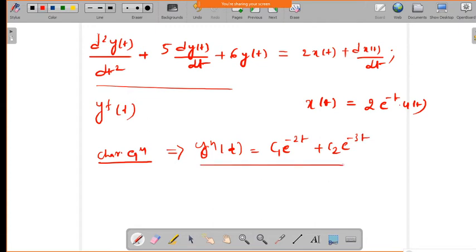So is this the solution? Yes, sir. Okay. Your characteristic equation will be r square plus 5r plus 6 equal to 0. Okay, 3 2s are 6.